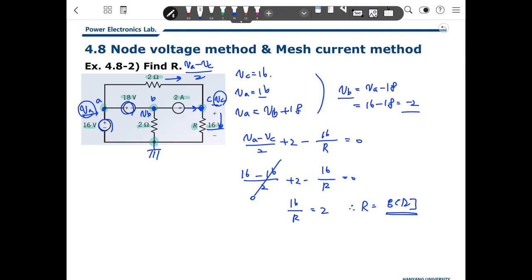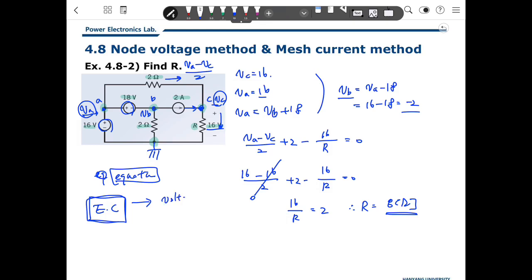So this is a wrap up. In this chapter, we're discussing how to make an equation. We have an electric circuit here, then we want to know the values of that.